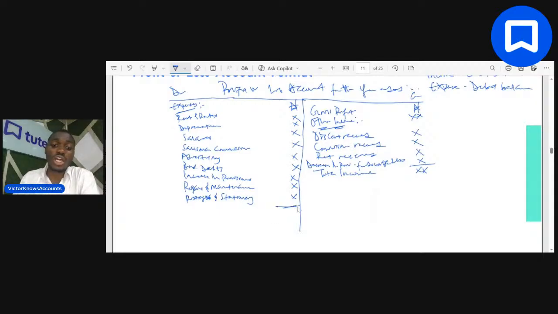Now you add all your expenses together, you bring it here, you say total expense. Now let us operate on the assumption that your total income is greater than your total expense. You have to put your total income here.